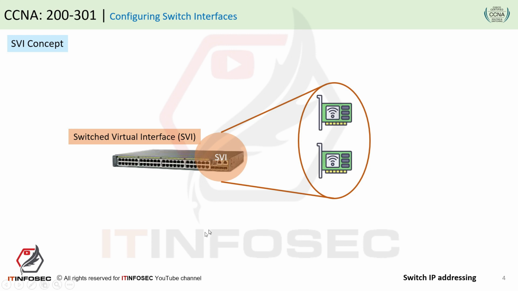Okay, this is an SVI or switch virtual interface. It may contain just one virtual interface, or more than one, but commonly for the start of configuring the switch, just one IP address is enough.